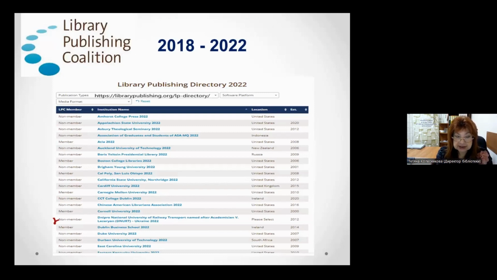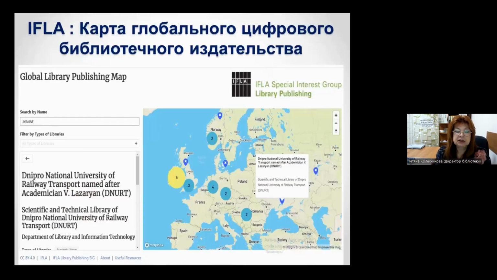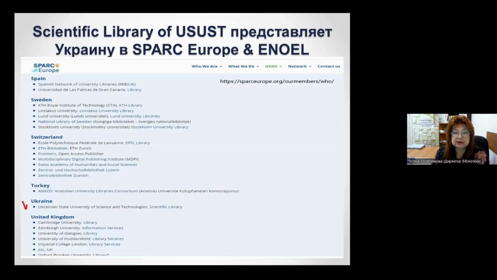Следующий слайд говорит о том, что как цифровой издатель мы стали отражаться в справочнике Library Publishing Directory, библиотечной коалиции университетских издательств с 2018 года. И на карте глобального цифрового библиотечного издательства ИФЛА мы от Украины также пока что единственные.